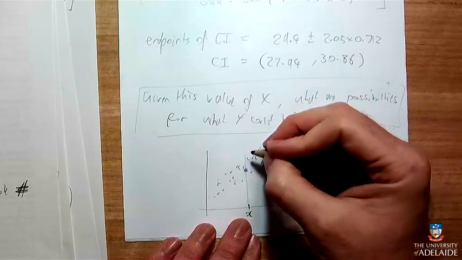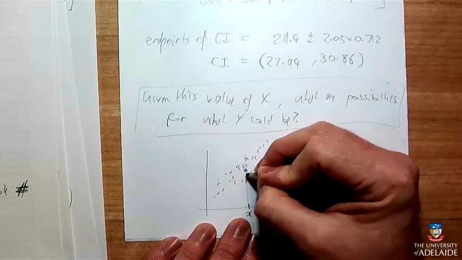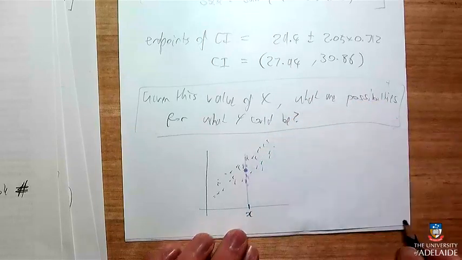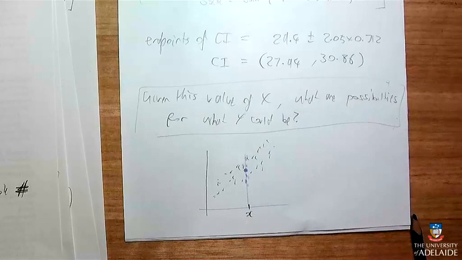And see all these spreads around here? These are what all the values of y could be. And that's what it is in my sample. And what I want to do is think, just a second, this is just a sample out of all possible data that there could possibly be. Where is the real average y? My data, the average y is here. Where's the real one? And that's what the confidence interval is.